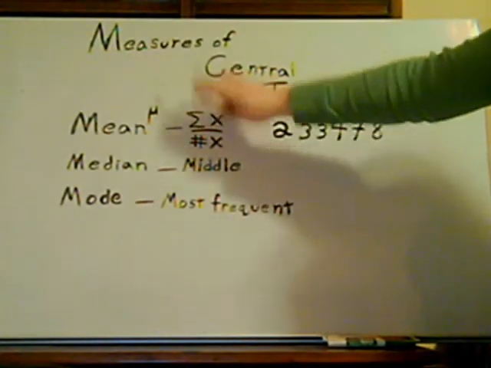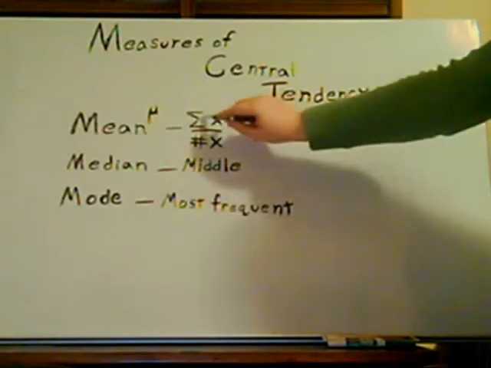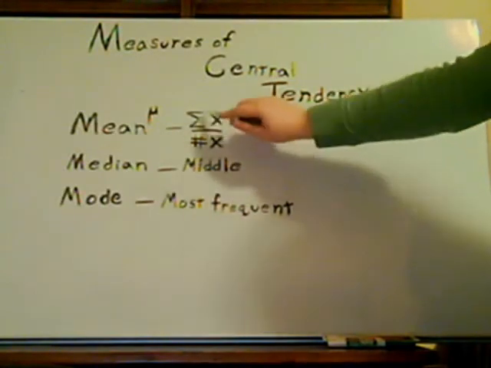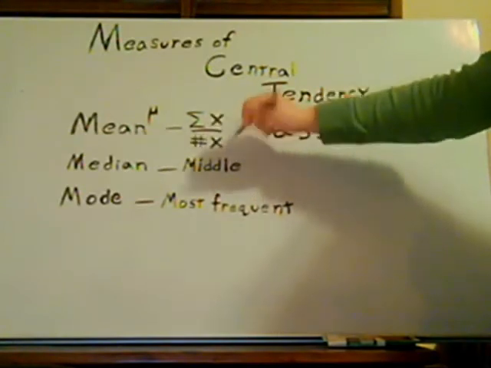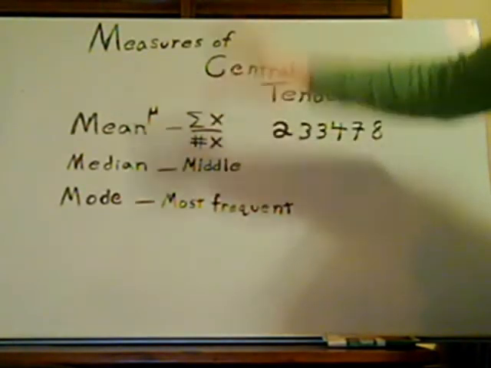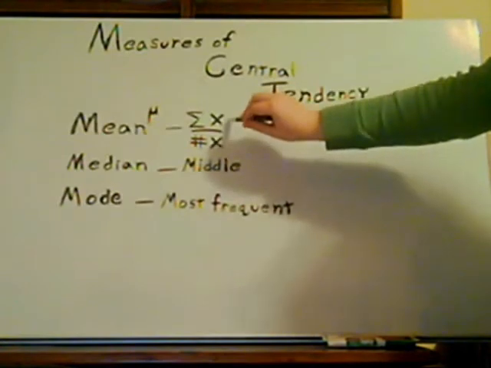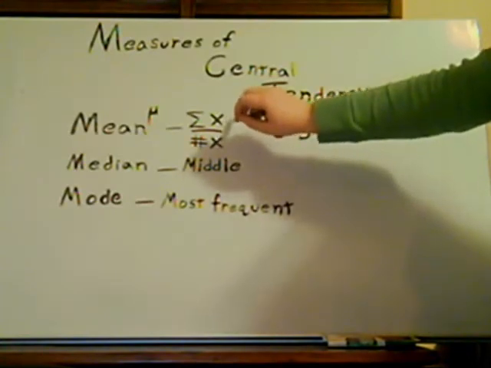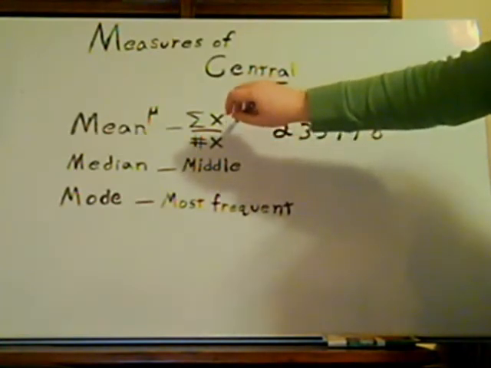Let me explain a few of these marks to you. This mark here looks like an inverse Z that is known as sigma. And all that means is you need to add everything. X, it's just a plain old X. It's a placeholder, basically. X is your variable. Say you had a variable of 20.